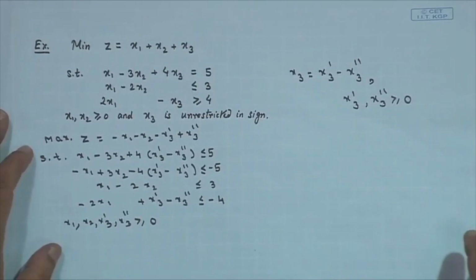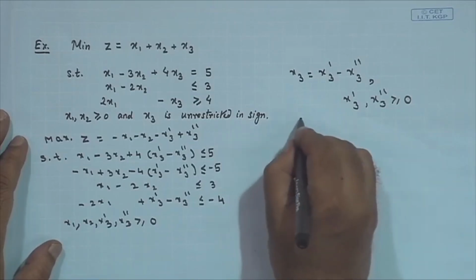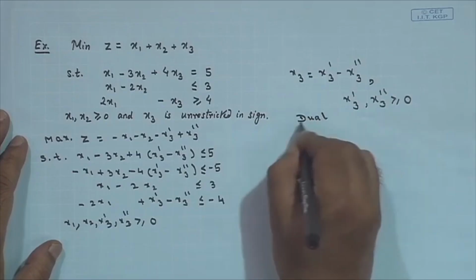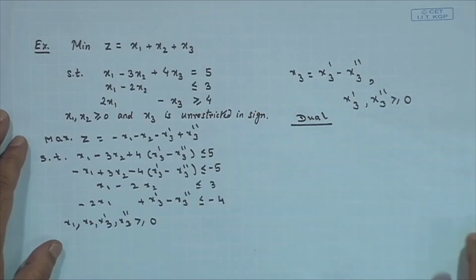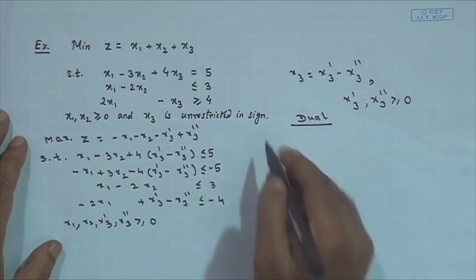Now, once I have converted into the canonical form, I can write down the corresponding dual problem. So what will be the dual of this? In the dual there will be how many variables? Since I have 4 constraints, there will be 4 variables.